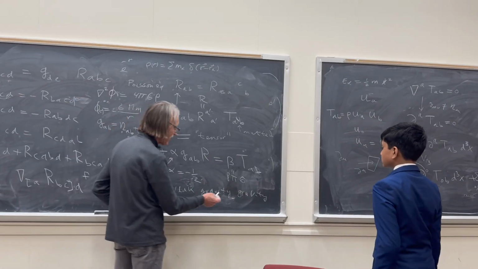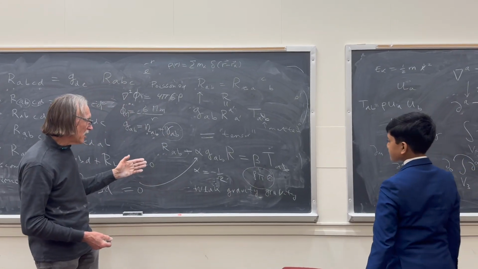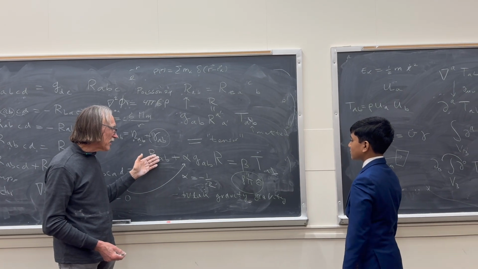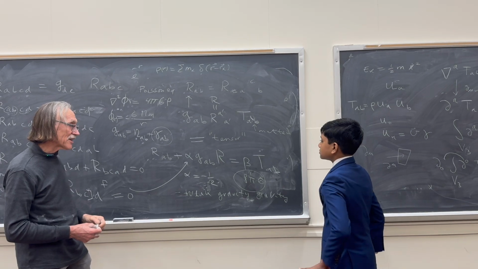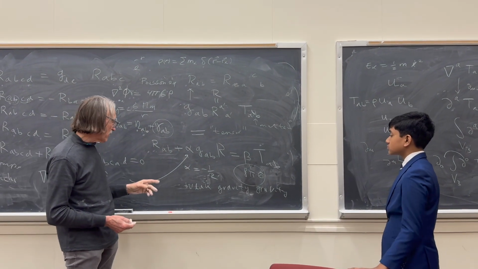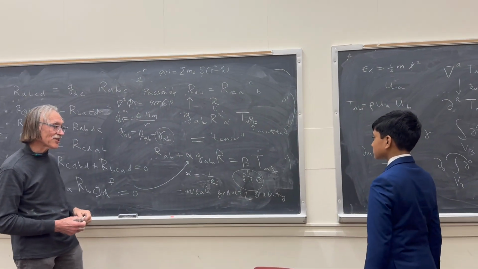That is first prove that this one is equal to 8πG. Also to find coordinates where this actually simplifies. And then you use the fact that the covariant derivative of this vanishes.